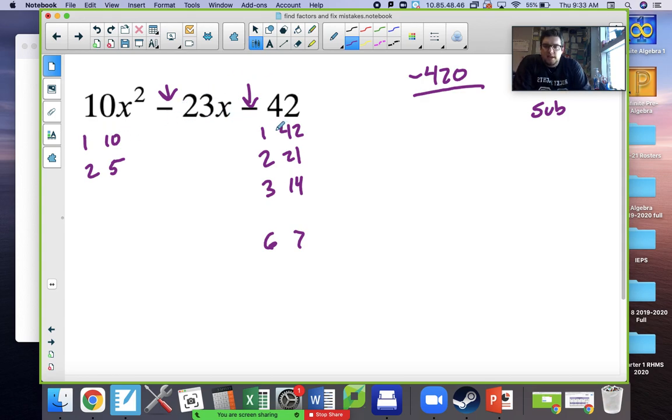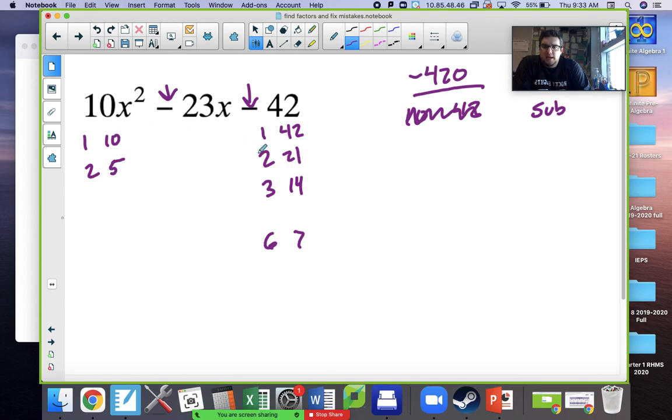So 10 times 42 is way too large. 10 times 1 is 10 and 42. So I have 10 and 42. Doesn't get us there. So this pathway, 1 and 10 and 1 and 42, doesn't work.